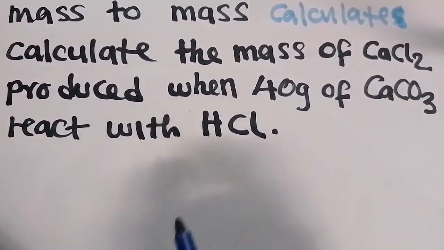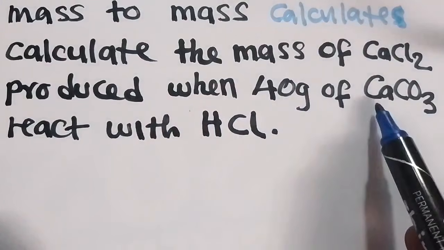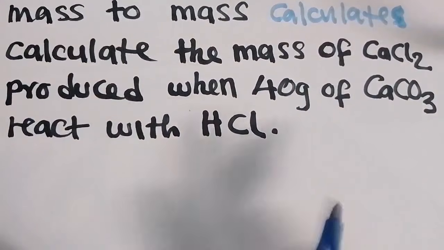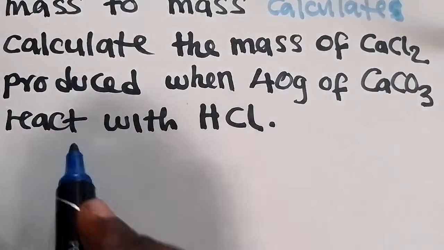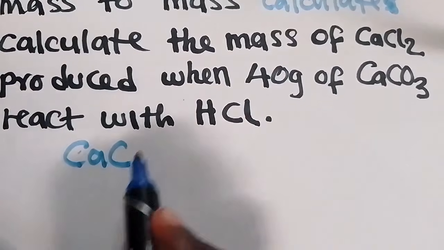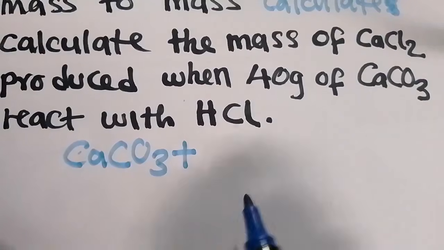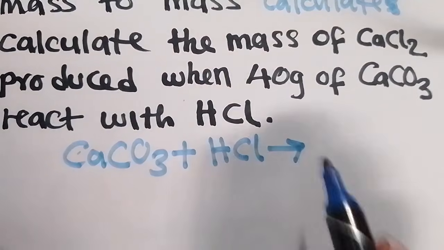So write the equation: calcium carbonate reacts with hydrochloric acid. We are given calcium carbonate, plus this one here. So what is produced when these two react?